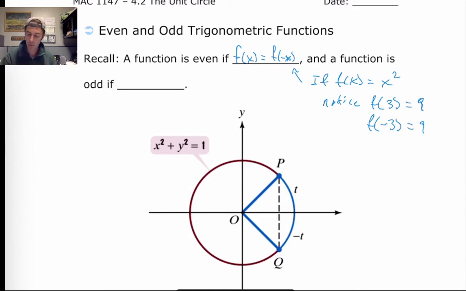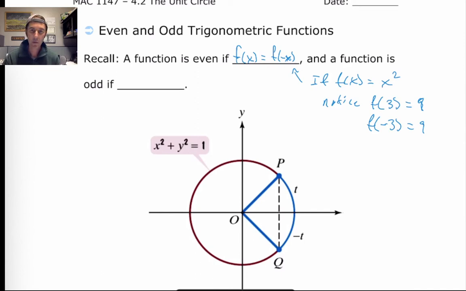Okay, so our x values in that example are 3 and negative 3, or the inputs are 3 and negative 3, and the outputs are both 9. This is the 9. This is the 9. This is the 3. This is the 3 being negated. Okay? So that's how you can tell if a function is even.